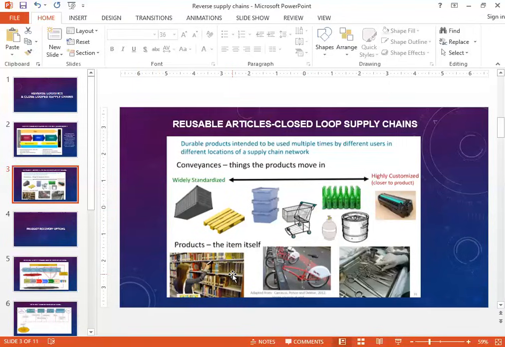And then another reader will pick it up and use it. So again, this is an example of reusable articles. And again, closed loop. A consumer picks it up, uses it, brings it back to the original location, and it is used by somebody else.